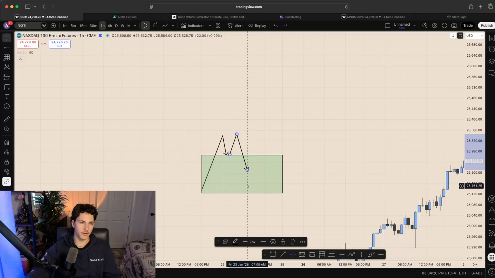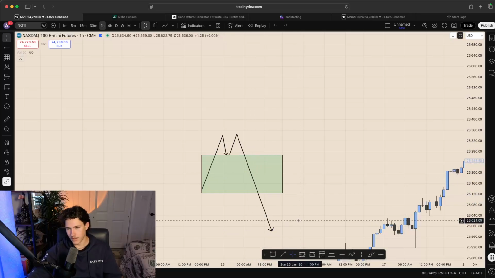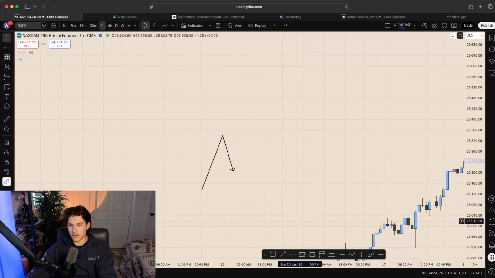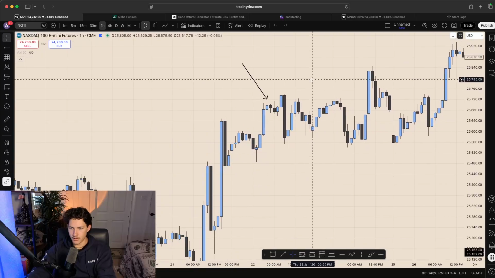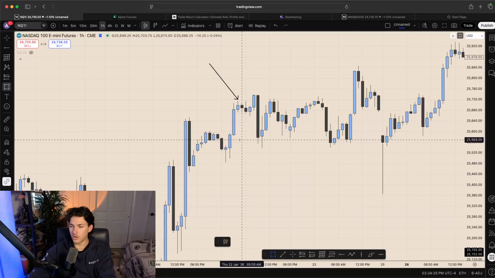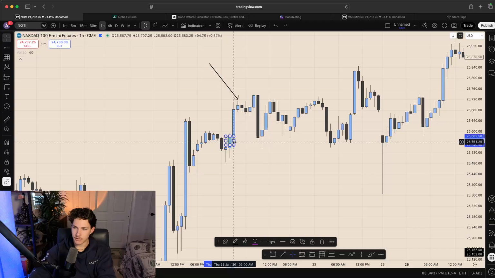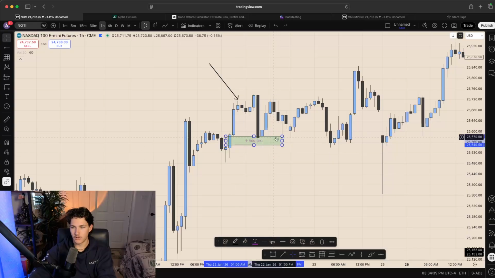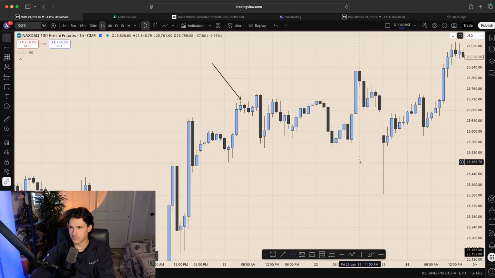And odds are we're going to inverse and shabam. Now, obviously, nothing is 100% guaranteed. Trading is very probability based, meaning that even though we don't care about this fair value gap, technically it did hold. But there are plenty of examples that they don't hold.